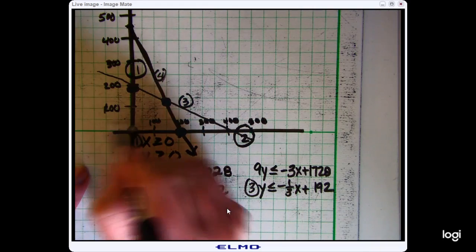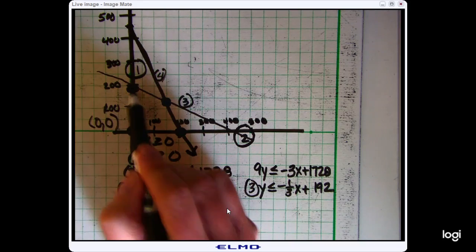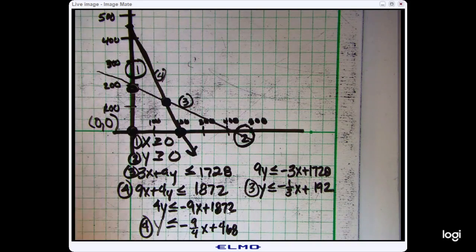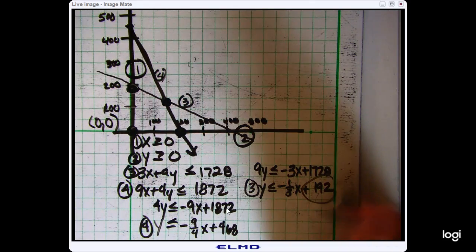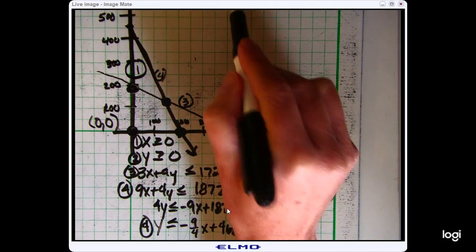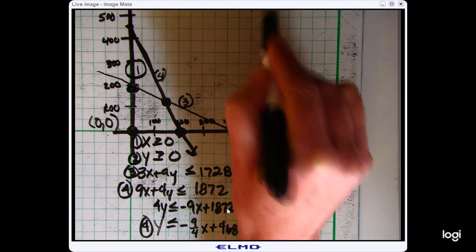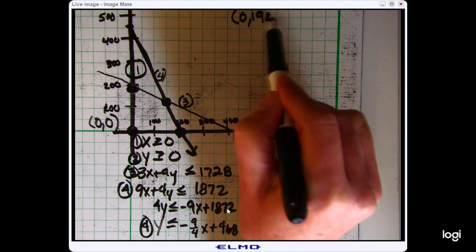This one's easy to see. Yay, 0, 0. Okay, and then we know what that one was. It was 0, and our y-intercept was 192. So we have one vertex, which is 0, 0. We have another one that was 0, 192.